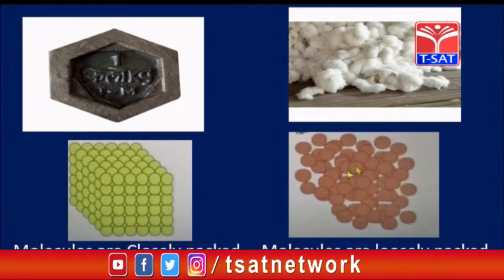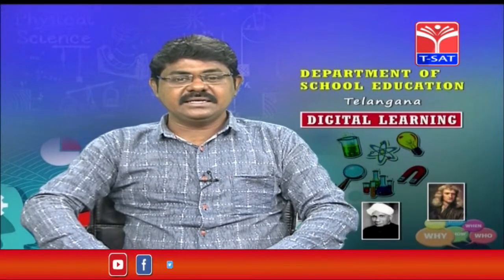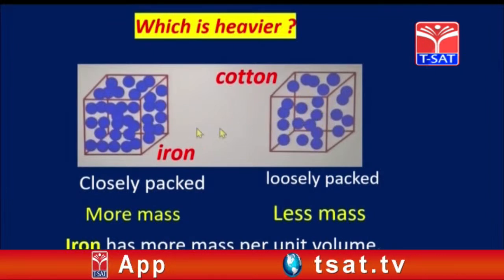So what is the significance that we can observe from this activity? Again, this is iron and this is the molecules' orientation, and in case of cotton this is the orientation. What is special in this diagram is that both are in the same space.